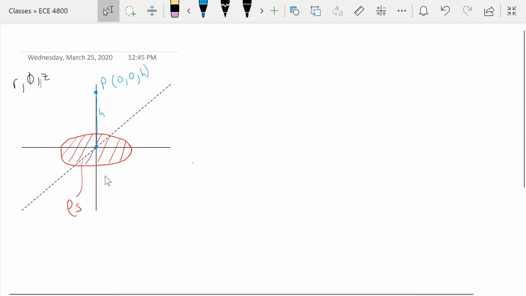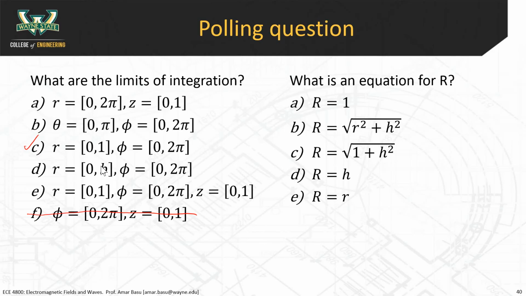Whenever you're working with disks and cylinders, the cylindrical coordinate system is the easiest one to use. So our r is going to go from 0 to 1. All values of r between 0 and 1 are included in this disk. And if you think about the theta variable, which goes around like this, all values between 0 and 2 pi are part of that. So you get this entire disk. That's why C is the correct answer.